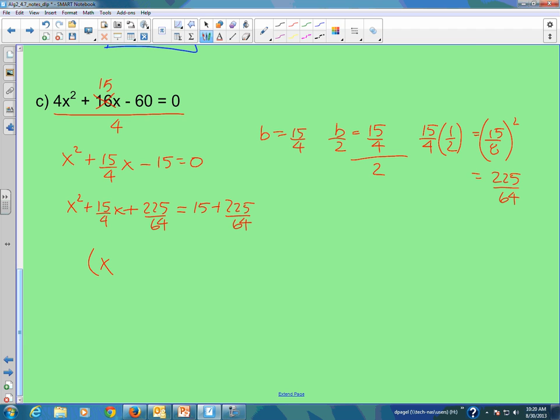So remember, when we did our b over 2, that's what this number was, 15 over 8. So I'd write this as x plus 15 over 8, quantity squared, is equal to, and then I'd have to figure out 64 and 15, because we're going to change that so everything is a common denominator.